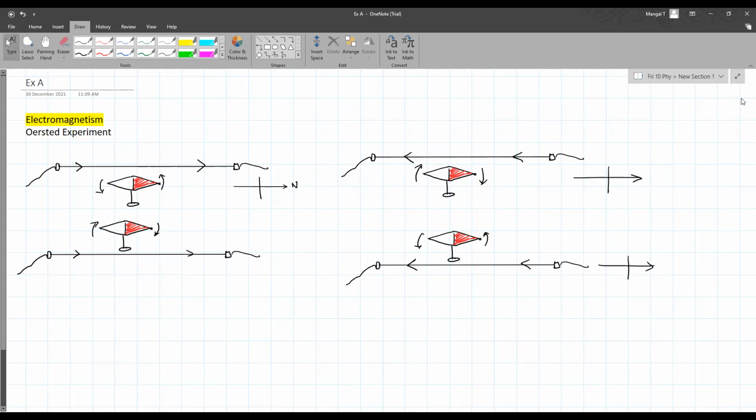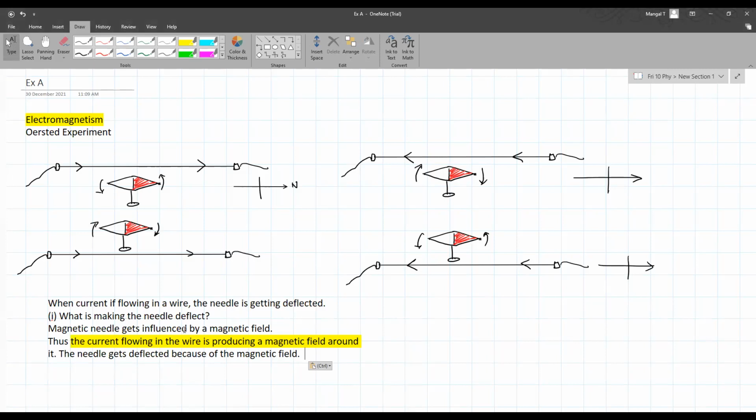But there is no other source of magnetic field. It's only the Earth's magnetic field that is in the north-south direction. So the other magnetic field is possibly because of this wire, that is, the current flowing in the wire. So therefore, what we have over here is the current that is flowing in the wire and the needle is deflecting.